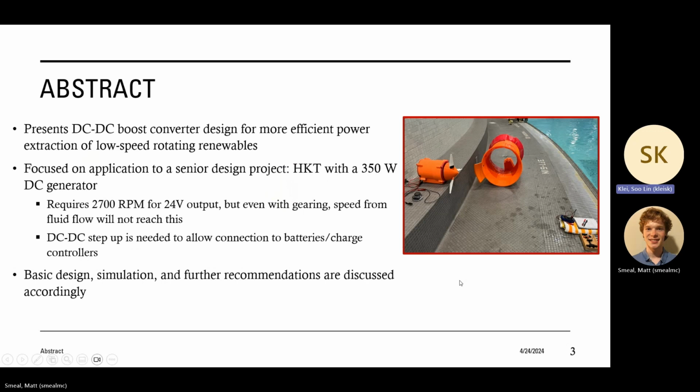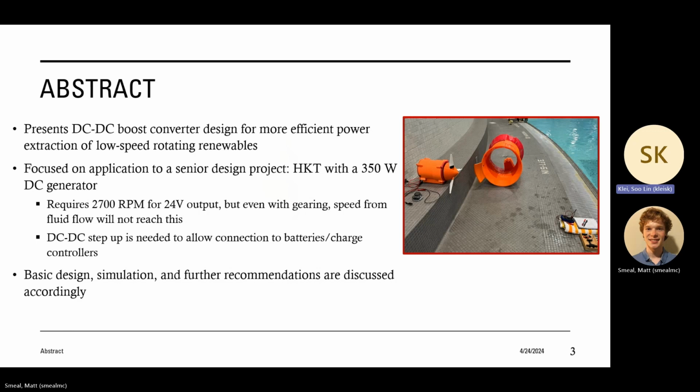So for the abstract, we present a DC to DC boost converter design for more efficient power extraction of low-speed rotating renewables. It is focused on application to a senior design project, a hydrokinetic turbine or HKT with a 350-watt DC generator.